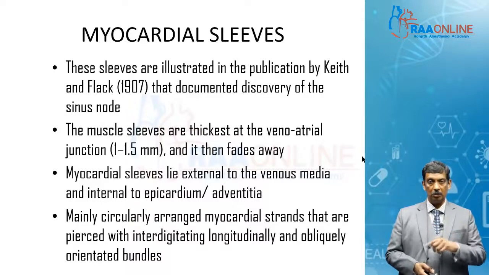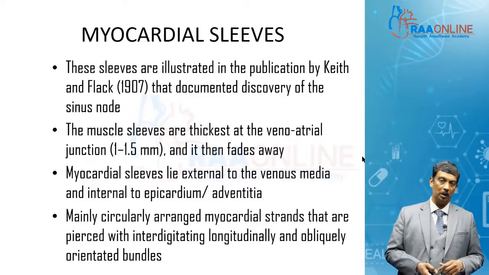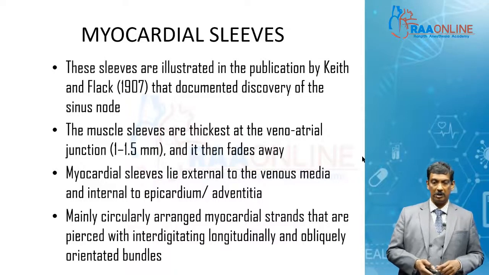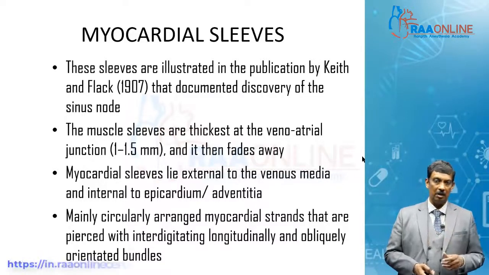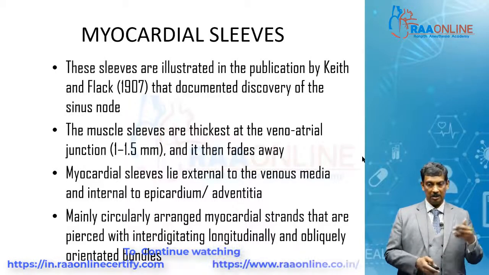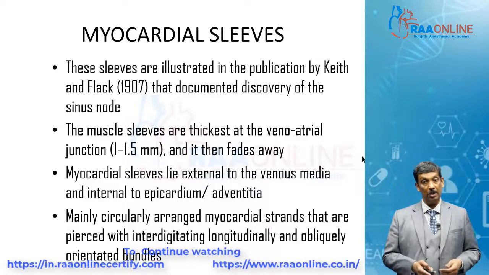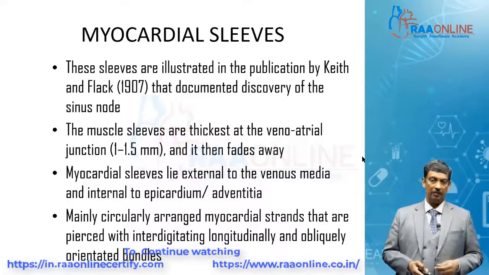So one needs to be mindful of that when you are ablating them with radiofrequency ablation. These muscle strands are mainly circular and with some interdigitating longitudinally and obliquely oriented muscle bundles.